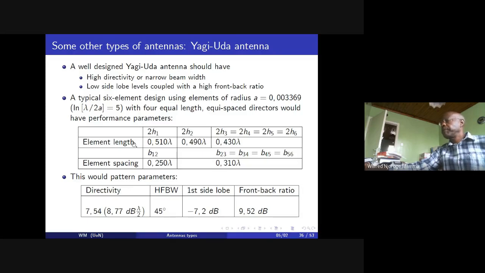This has not been optimized, and usually when you are designing, you want to optimize for maximum performance or optimal performance, and you see that the directivity here is about 0.164 dBi.